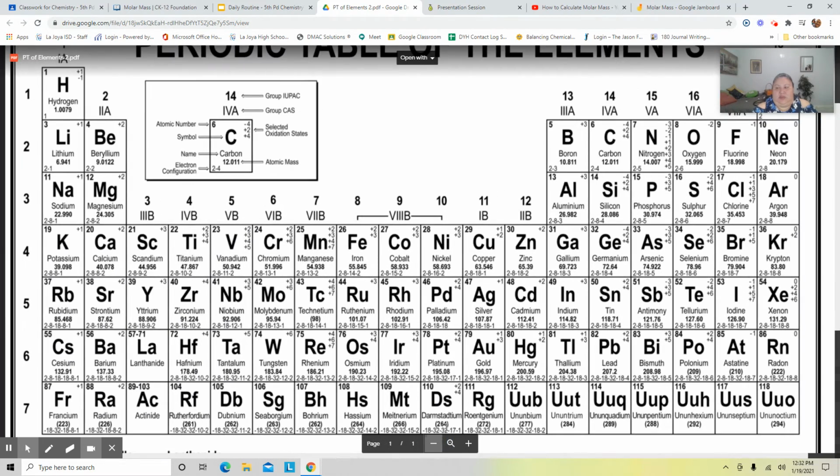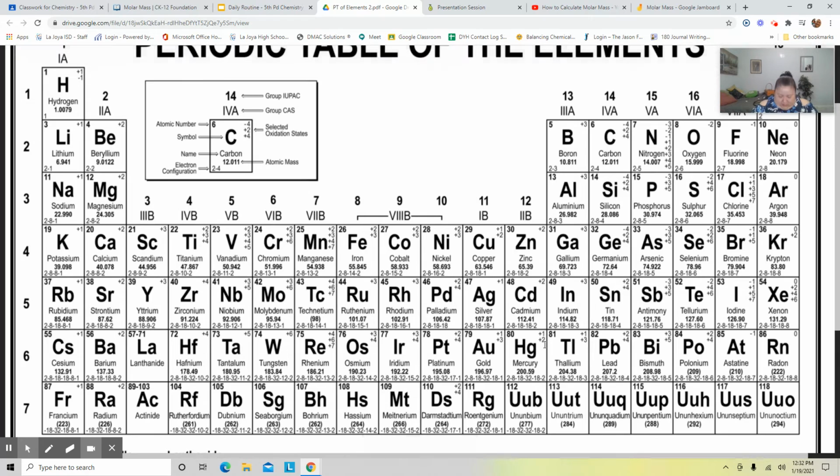Carbon, sodium, and argon. Carbon is element 6. Argon is element 18. And sodium is element 11. That's the atomic number. I need the molar mass or the atomic mass of those elements.